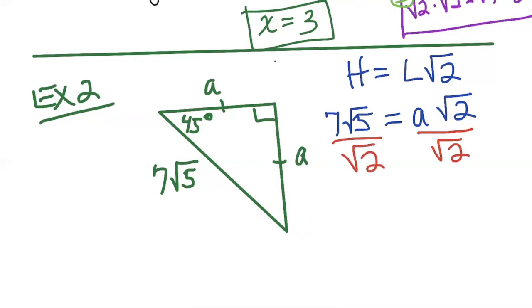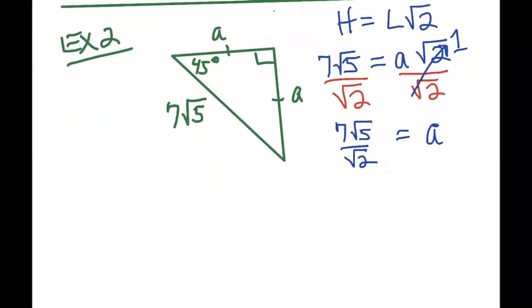Now, there's going to be a little issue here. Oh no. See, these become a 1. We're good with that. But I have the square root of 2 in the denominator. And guess what? That is irrational. So what we do, it's called, and we've done this, you already know what's coming.